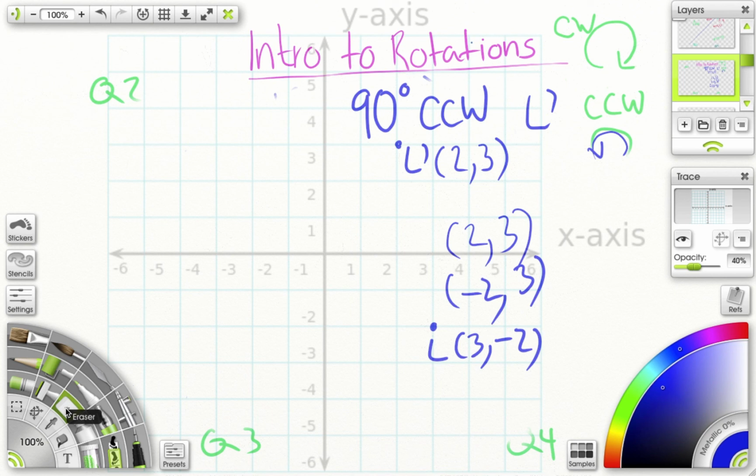This is a learning. It's new to some of you, or it's been a long time since you've practiced it. So don't worry. This is our intro. So the big rule of thumb I want you guys to learn is the difference between clockwise and counterclockwise, and in which quadrant that point will end up. Okay?